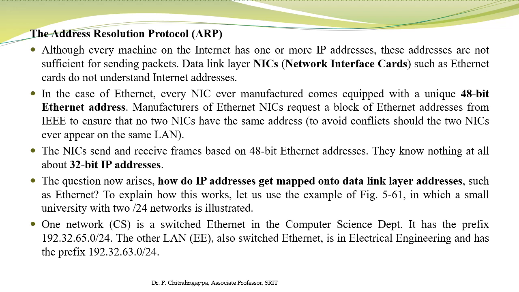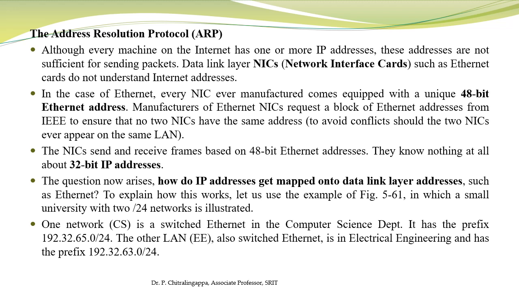And the ARP protocol, the address resolution protocol. The internet has one or more IP addresses, but these addresses are not sufficient for sending packets. Data link layer network interface cards such as Ethernet cards do not understand internet addresses. Every Ethernet NIC card is manufactured equipped with a 48-bit Ethernet address, and the NIC cards send and receive frames based on the 48-bit address.